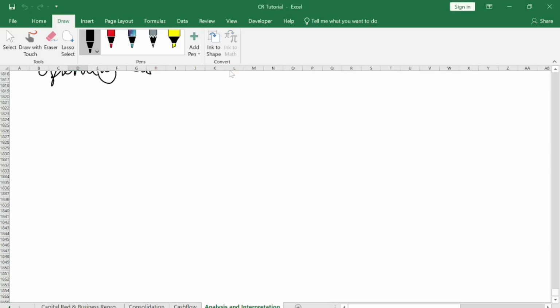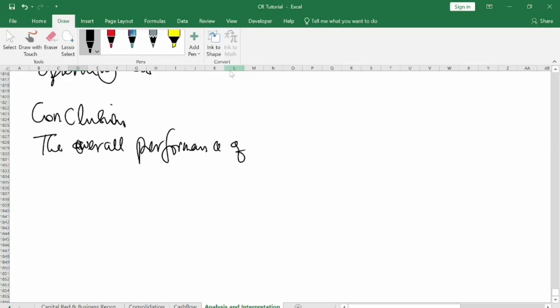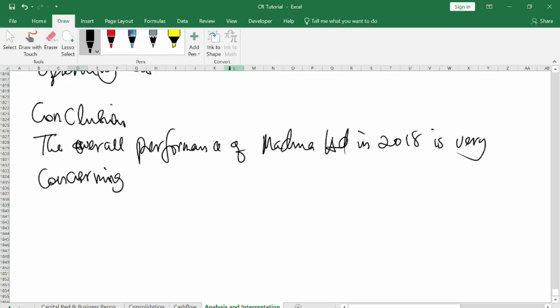In conclusion, so you conclude. You say that the overall performance of the parent, Medina Limited, in 2018 is very much concerning. Why?